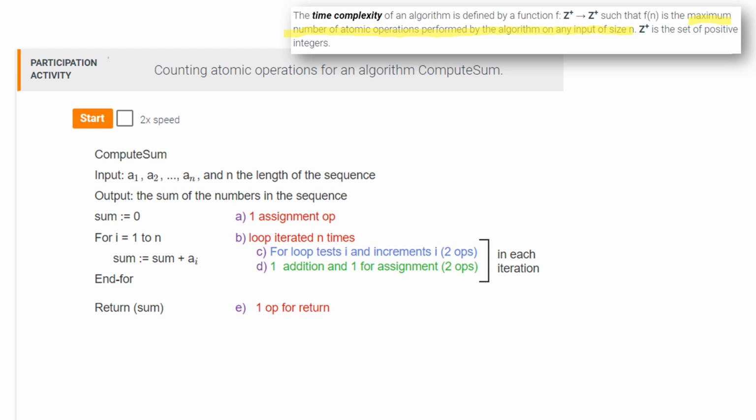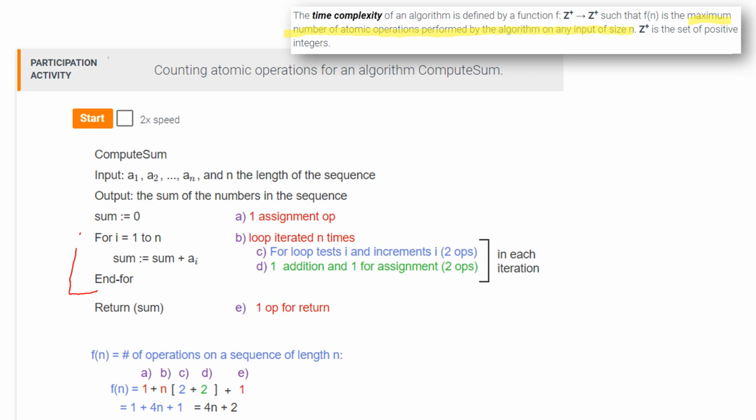So let's see if we could add them up. Let me see if I can write this out a little better here. This whole loop is going to be performed n times, but inside that we've got 4 operations.